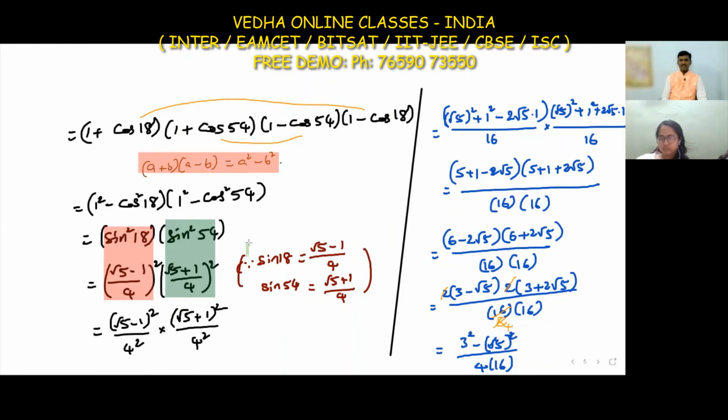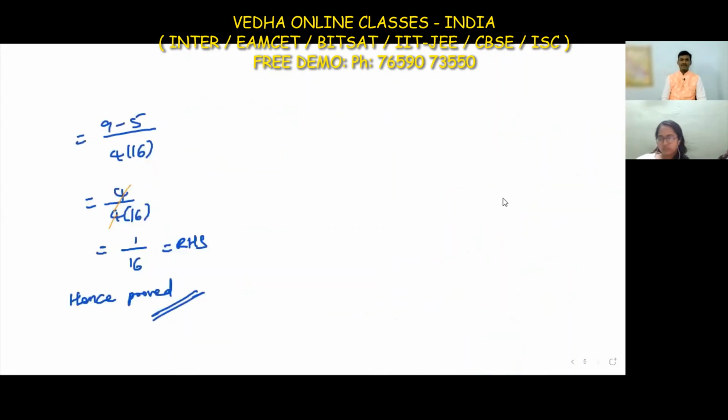We substituted these two values here, and after that we applied the a plus b whole square and a minus b whole square formula in the numerator. Took 2 common and again applied a plus b into a minus b is equal to a square minus b square formula, and simplified, cancelled the 4 and 4. We are getting the final answer.